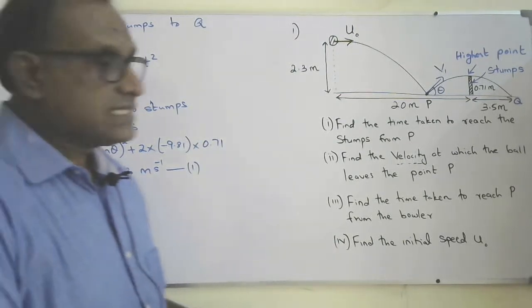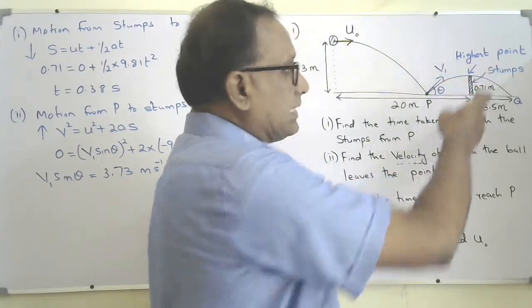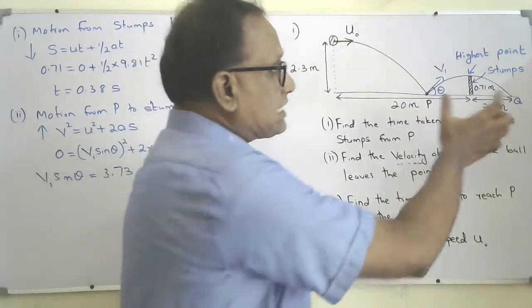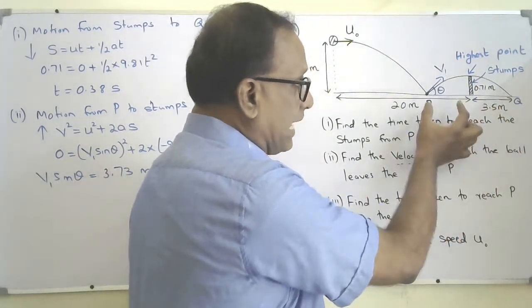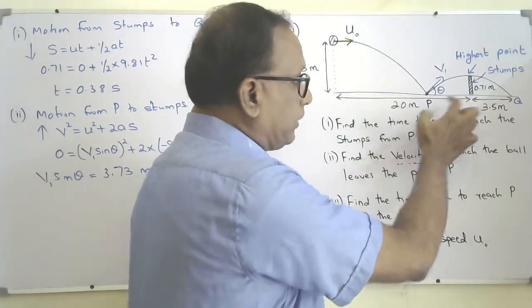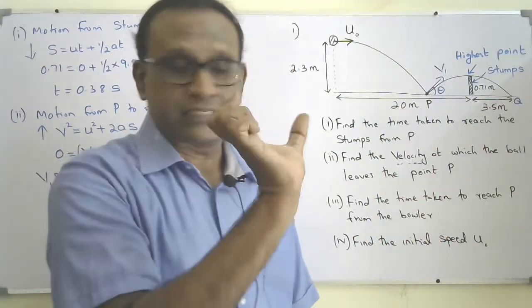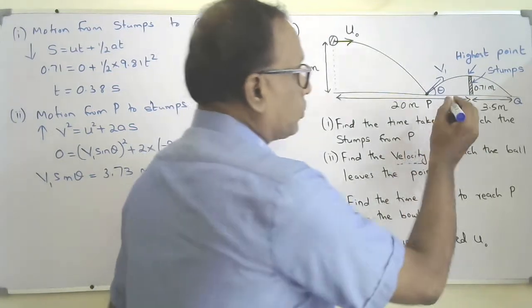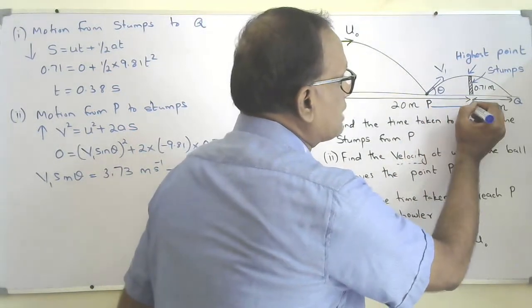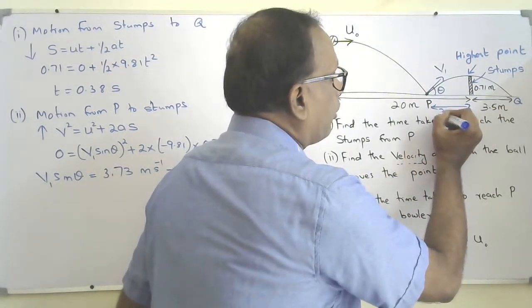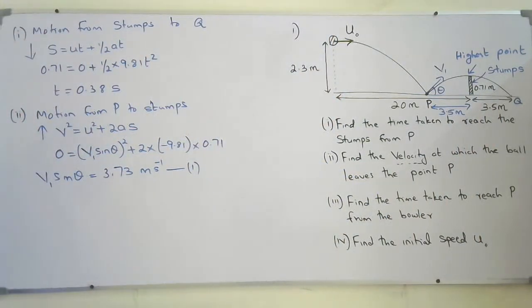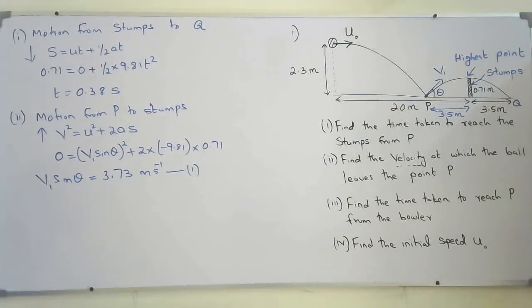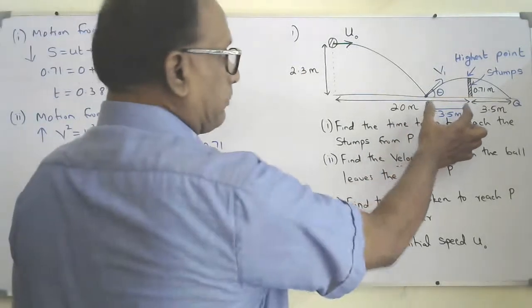Right. I said this motion is symmetrical. So the displacement on the right side from the stumps will be the same as the displacement from P to the stumps on the left side. So this displacement, from here to here, is also 3.5 meters.